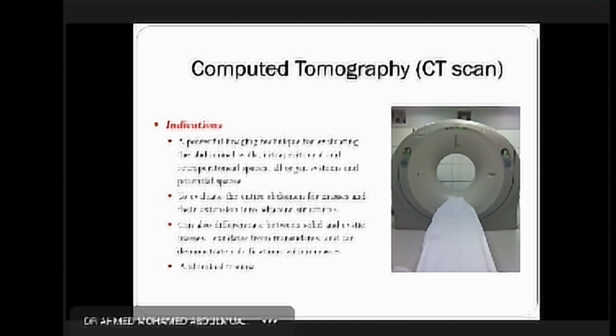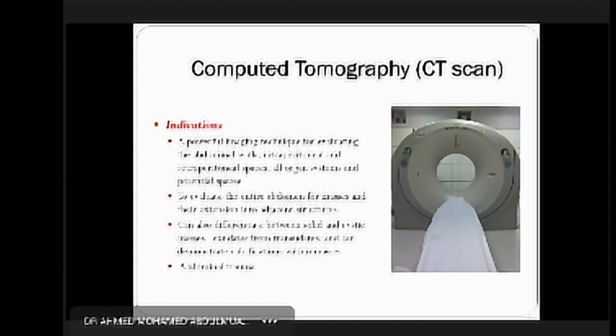And we have to weigh the outcome of this examination against the risk of the contrast, okay? So if there is no other alternative and it is going to help the patient, we have to do it, but we have to cover with the steroid if he's asthmatic or has allergy, and we have to use the safest contrast for these patients.